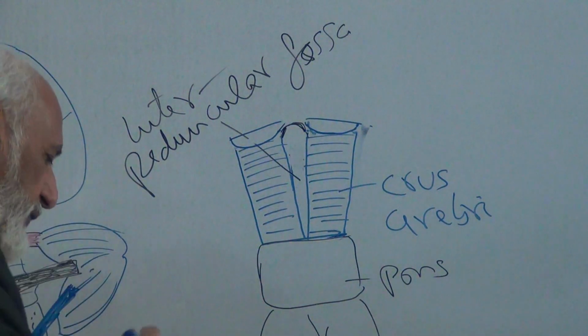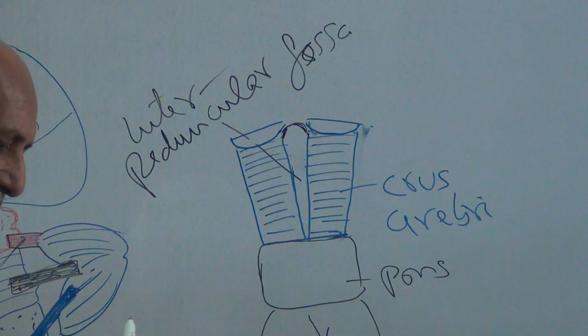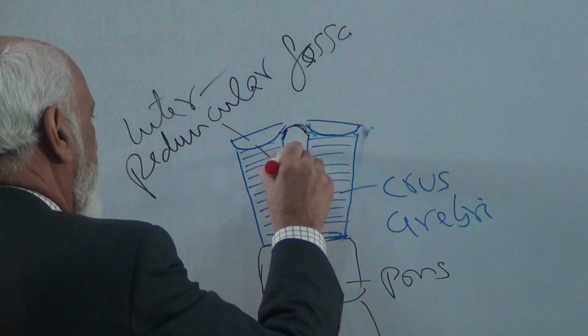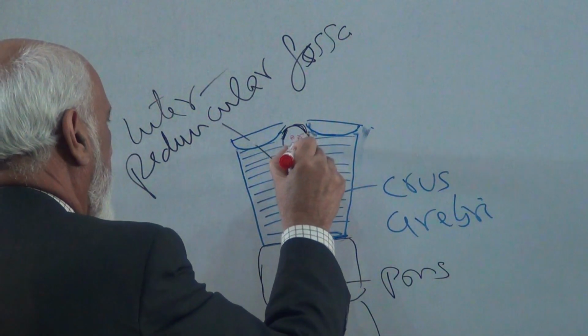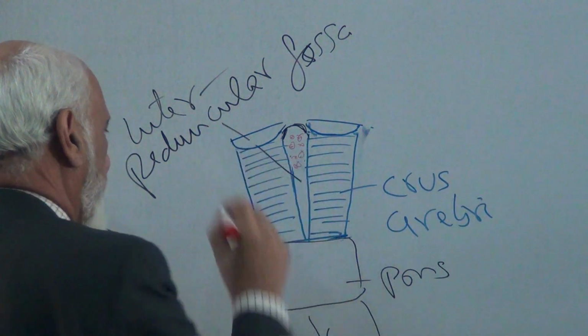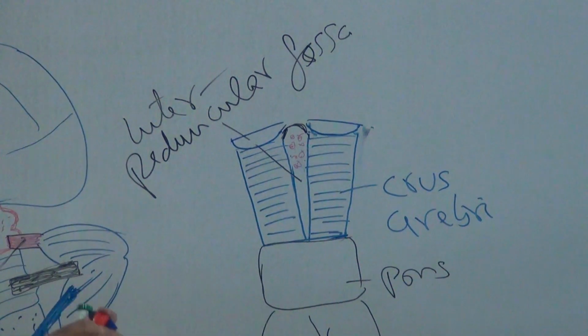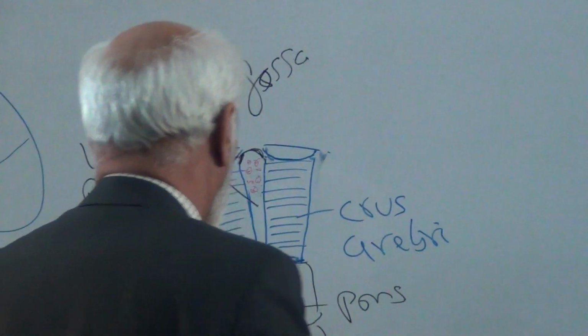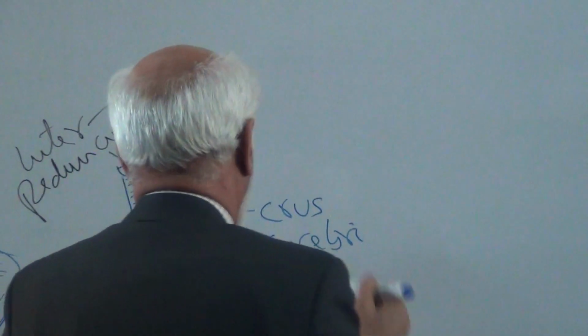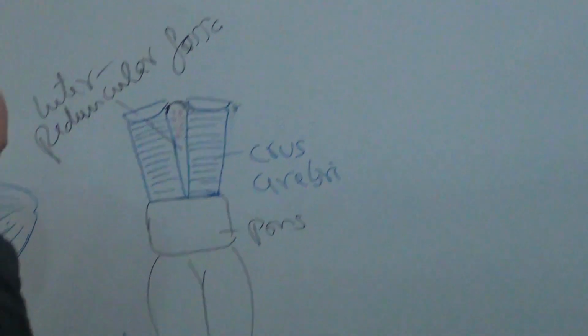And in the floor of interpeduncular fossa, there is posterior perforated substance. Now, posterior view of the midbrain. This was anterior view.